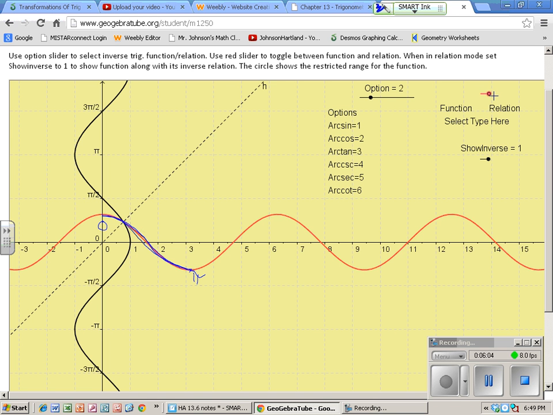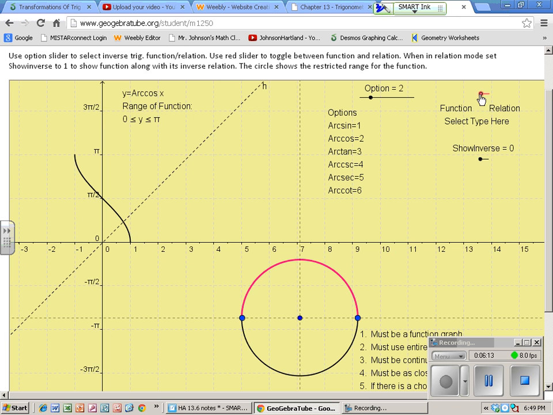All right, that's what we want to restrict our cosine function to so that the inverse becomes a function, which gives us this graph here. So we are between 0 and pi, which is 180 degrees.